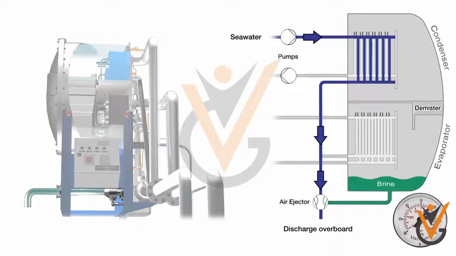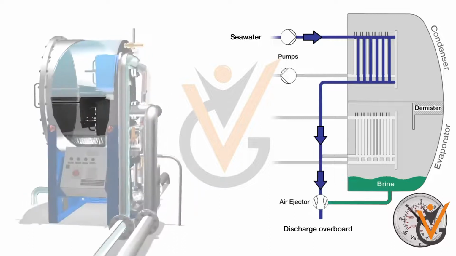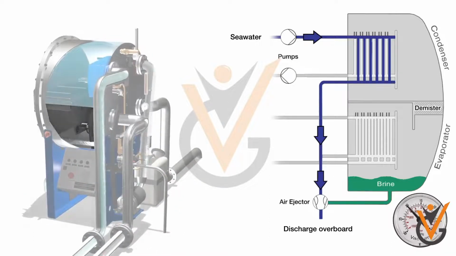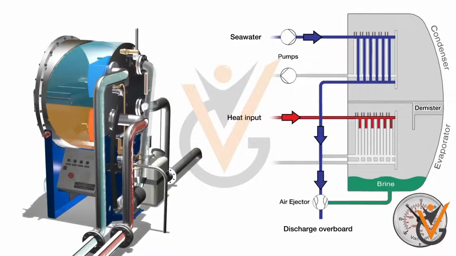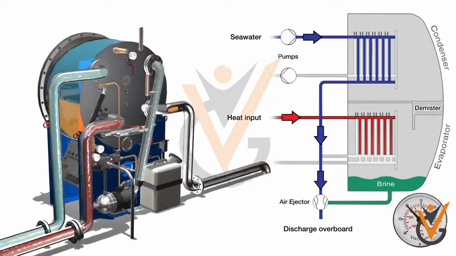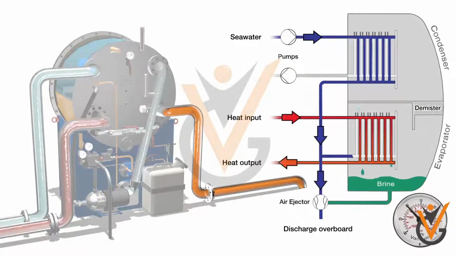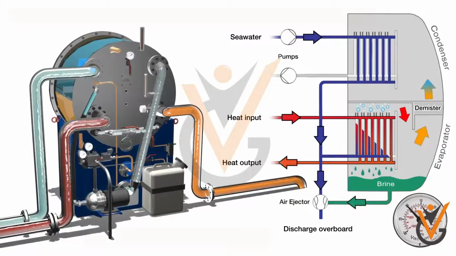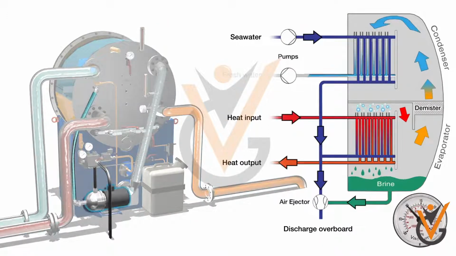Now, the evaporated seawater passes through demisters, which scrub off seawater droplets from the water vapor. Unevaporated water or particles are discharged as brine by means of a combined air or brine ejector. This vapor passes through the condenser, which condenses the vapor, and it gets collected at the bottom, which is transferred to the fresh water tank, where it is passed through the salinometer and controlled by the three-way solenoid valve.